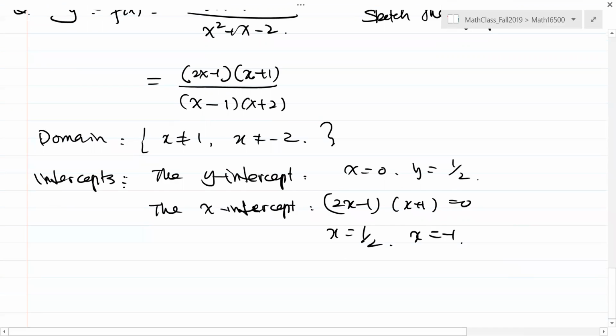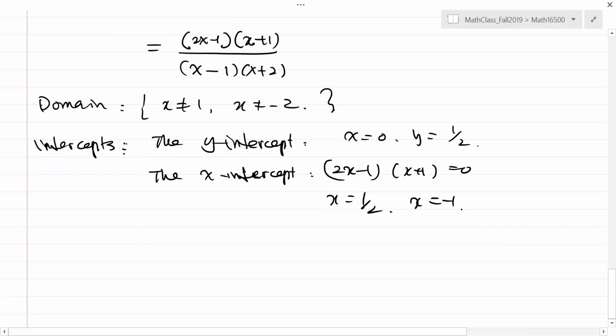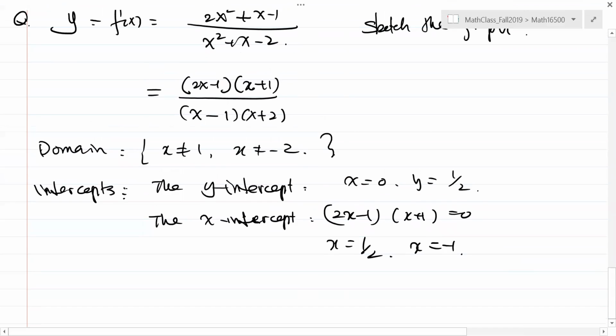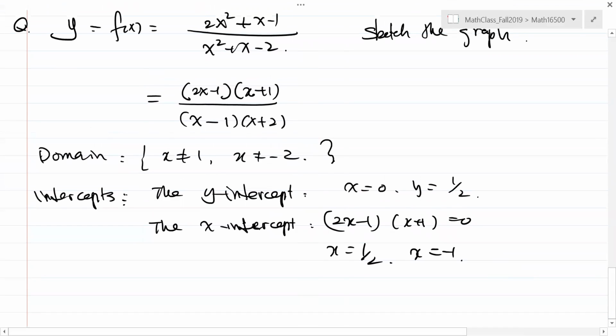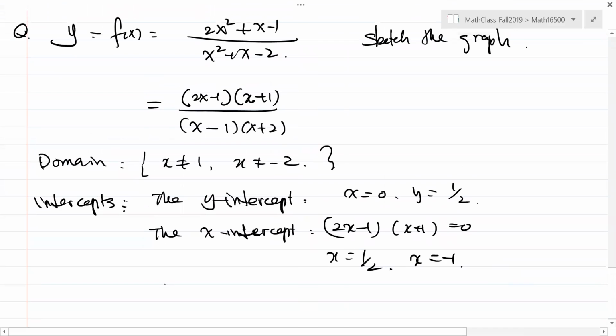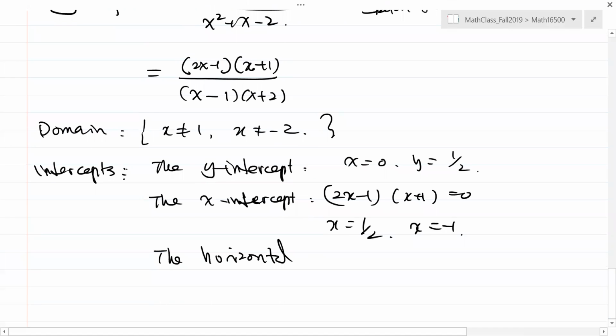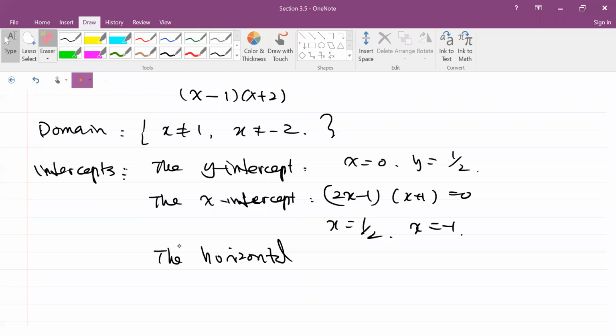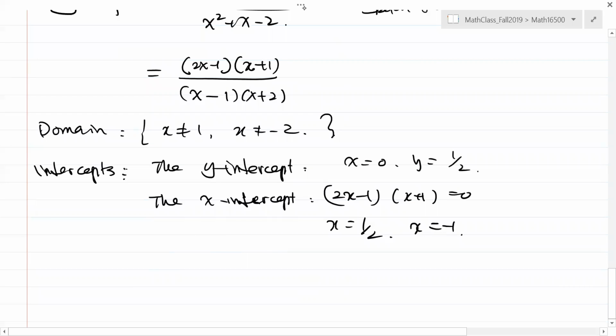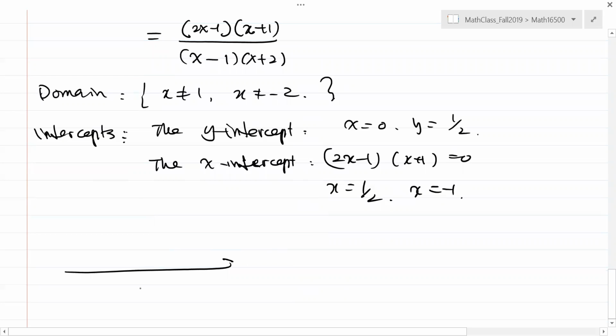And we also have a horizontal asymptote. Let's find the asymptotes. Otherwise, we cannot draw the graph. Okay, so let's try to draw the graph.